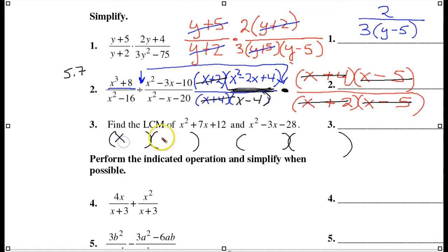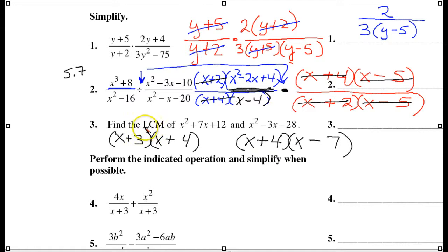So we're just going to factor these. So this is going to be 4 and 3. Both will be plus, and if we FOIL, it gets back to this. And here we have x and x. 7 times 4. The 7 needs to be negative, and this one will be positive.